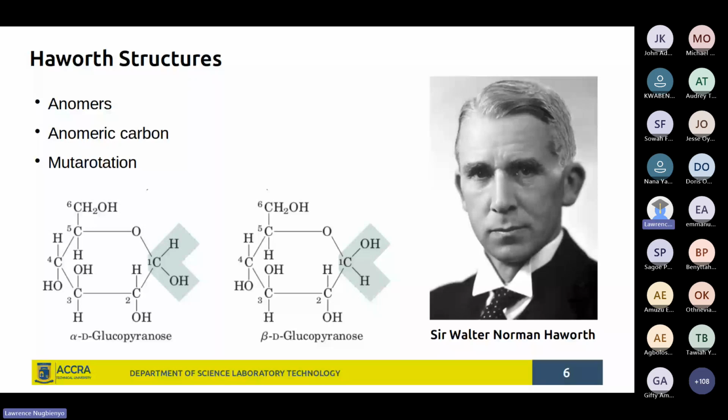Well, they are diastereomers. We can say that because they are not mirror images of each other, but they differ in structure, even though they have the same molecular formula. But the difference we see between these two isomers is just the positioning of the hydroxyl group on carbon number 1.